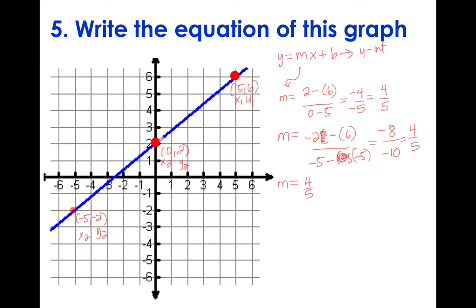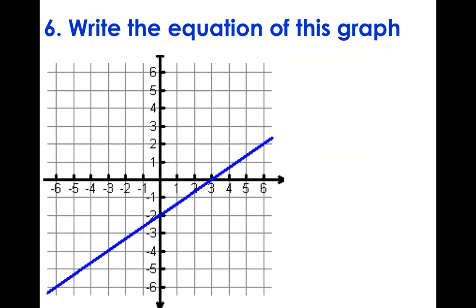Here's a hint: if you have a point and your x-coordinate is 0, then the y-coordinate of that same point is the y-intercept. So in that case, our y-intercept is 2. And when we plug them in, look what we get.